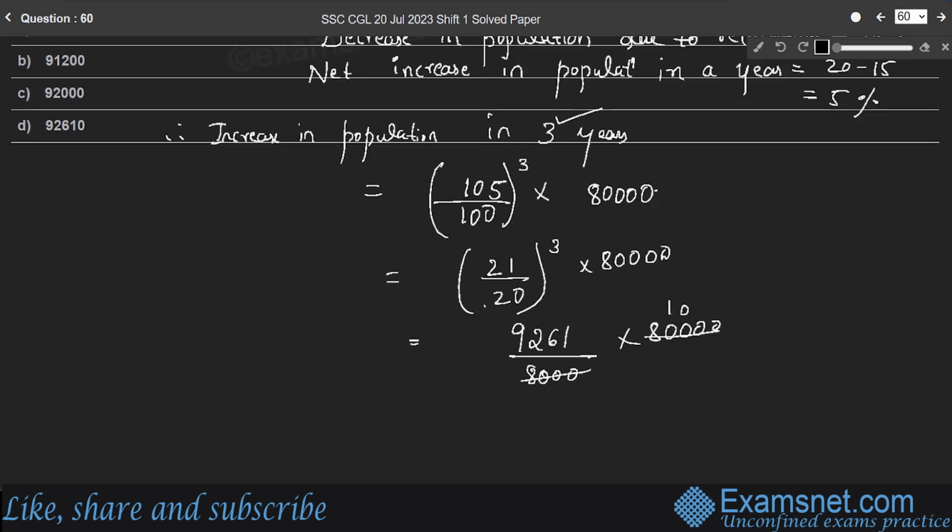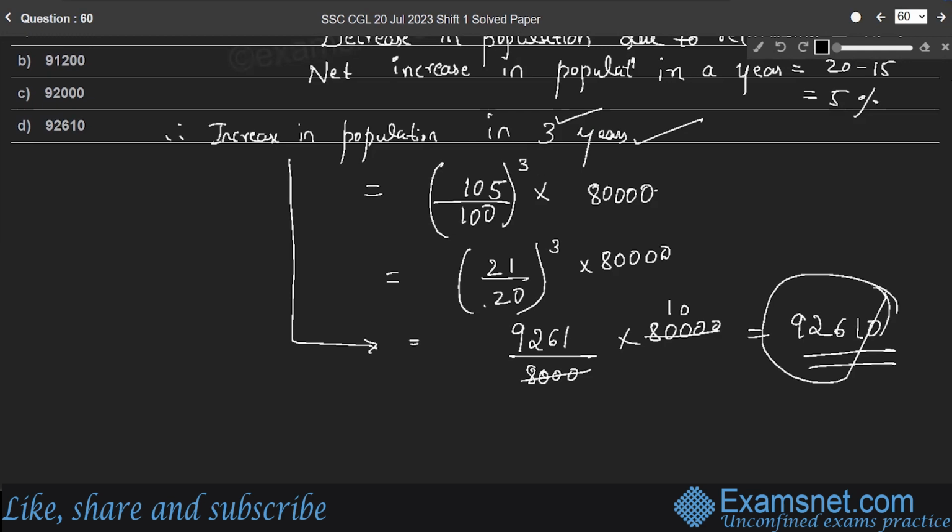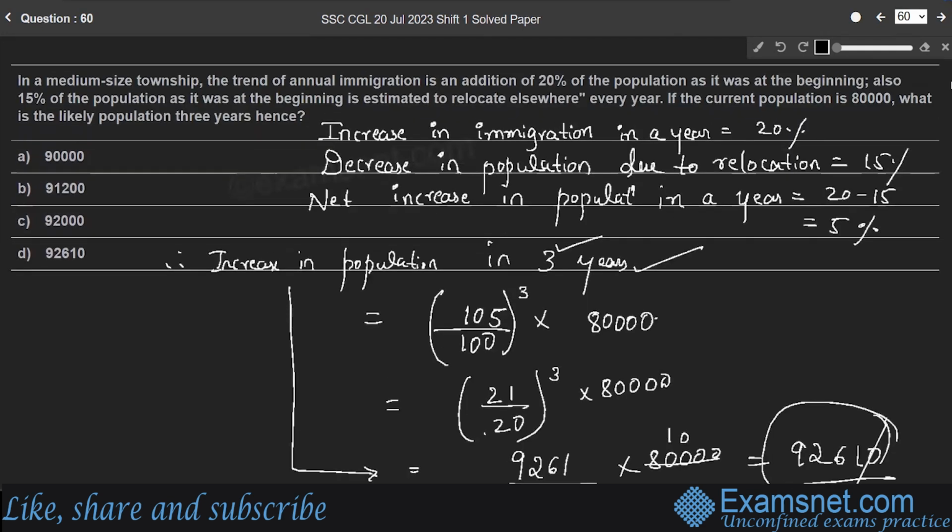So 8,000 into 10, therefore 92,610 is the estimated population of the town in 3 years, right? 92,610. Option D is the right answer.